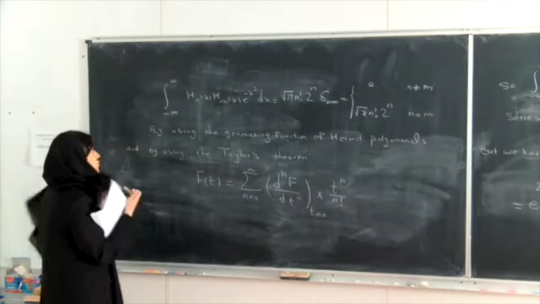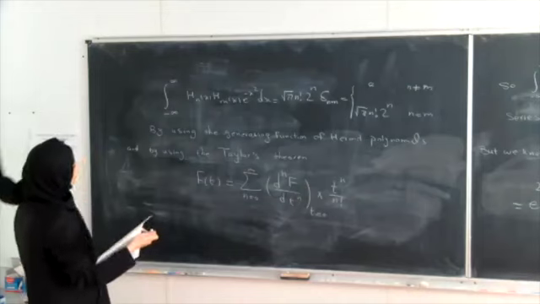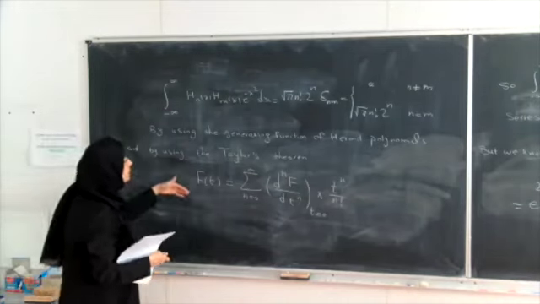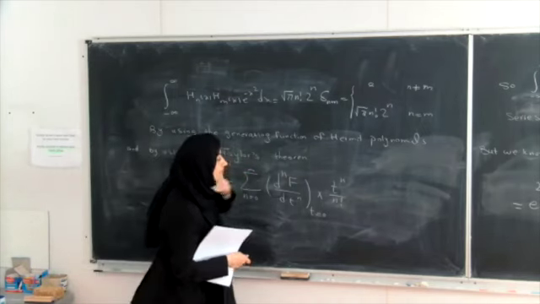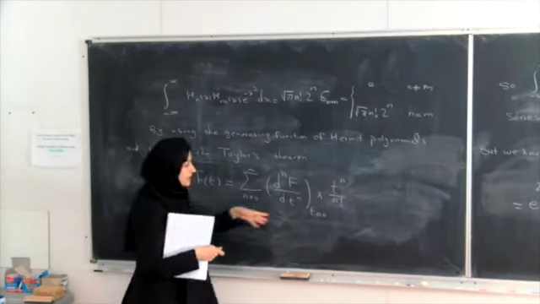We want to show the Rodrigues formula for Hermite polynomials by using the generating function and Taylor's theorem.